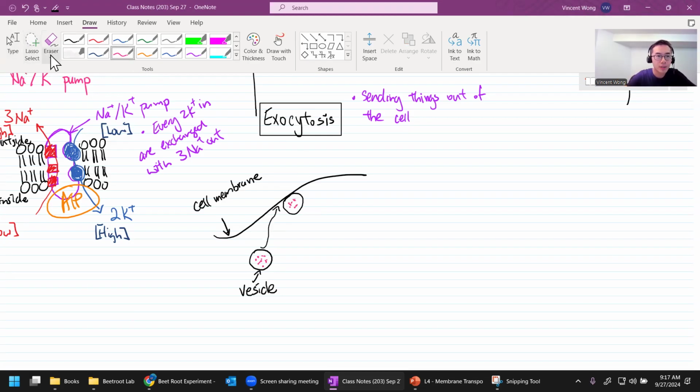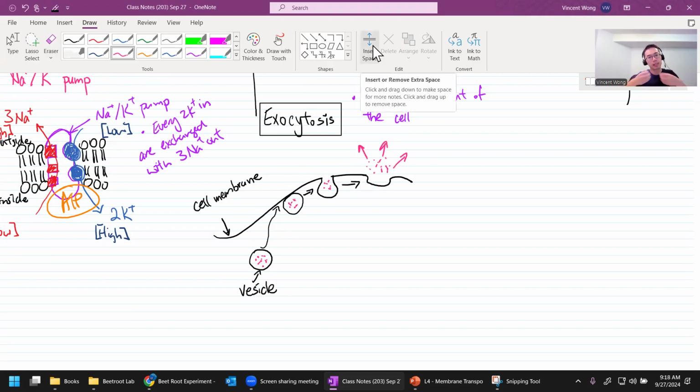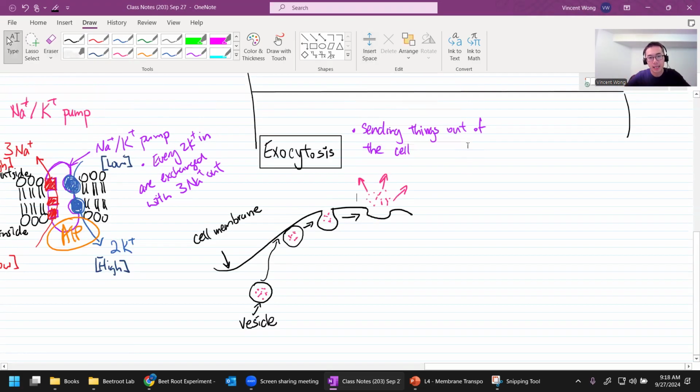After it touches the membrane, it's going to start fusing with the membrane, and eventually the vesicle will become part of the membrane. Then whatever was inside the vesicle is going to come out, because we are releasing a lot of it at the same time.